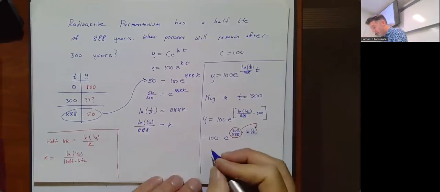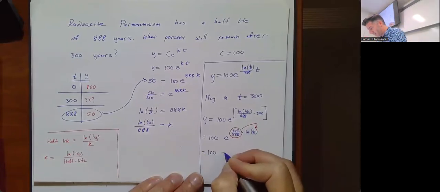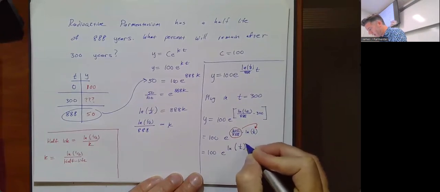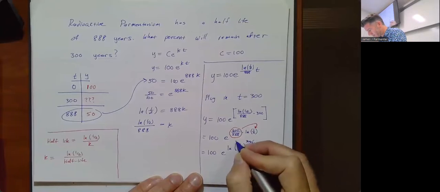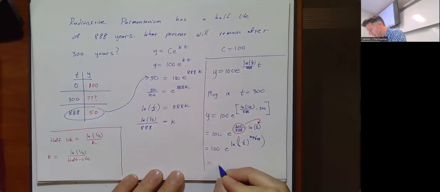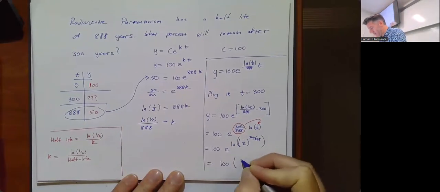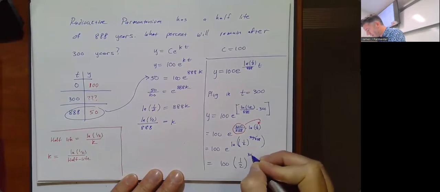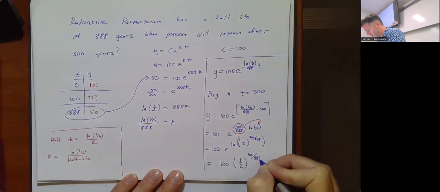So we could write this as 100 e to the natural log of 1/2 to the power of 300 over 888. But then e to the natural log of a thing is just the thing. So you could really write this as 100 times 1/2 to the power of 300 over 888.